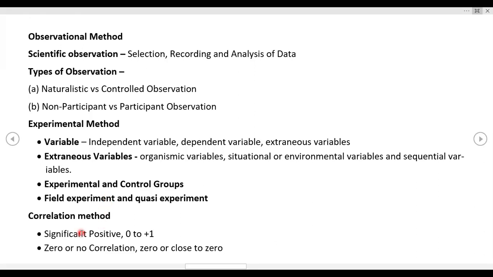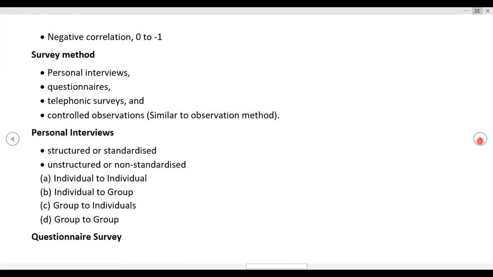The experimental method particularly deals with cause and effect, the effect of one variable on the other. The correlation method is like comparison, the relation between two variables, whether there is positive correlation, negative correlation, or no significant relationship. This explains the relationship between two variables. So this is what the correlation method is.